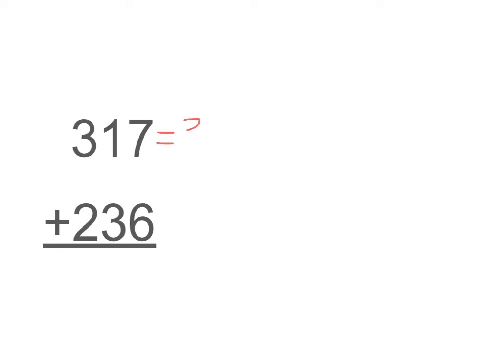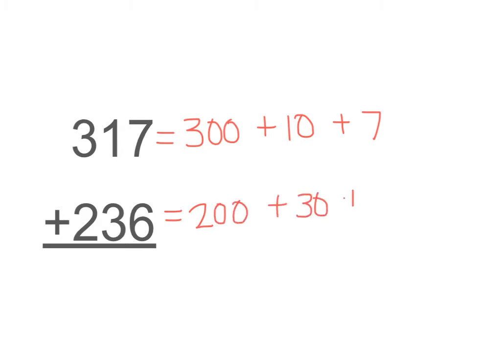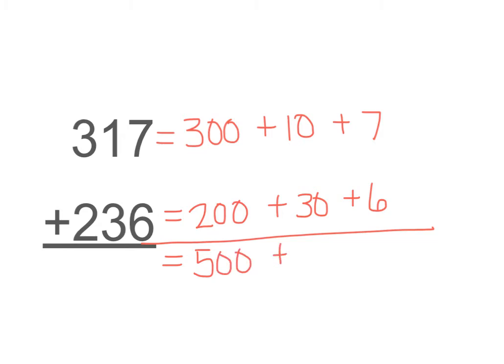Expand out 300 plus 10 plus 7. Expand 200 plus 30 plus 6. 300 plus 200 equals 500. 30 plus 10 equals 40. 6 plus 6 equals 12.